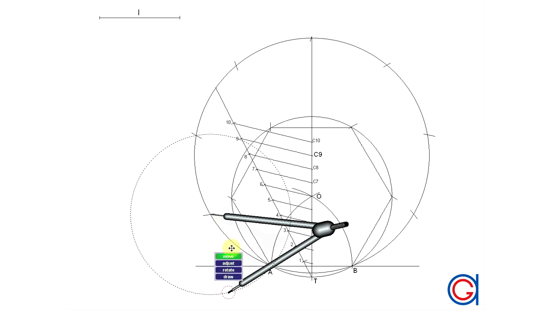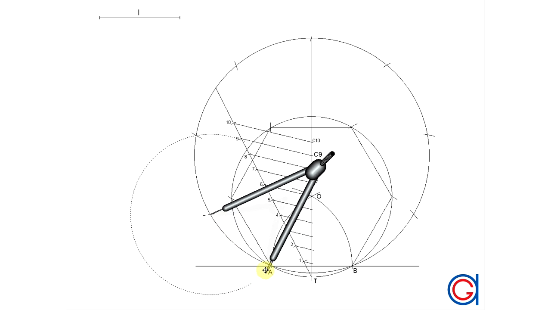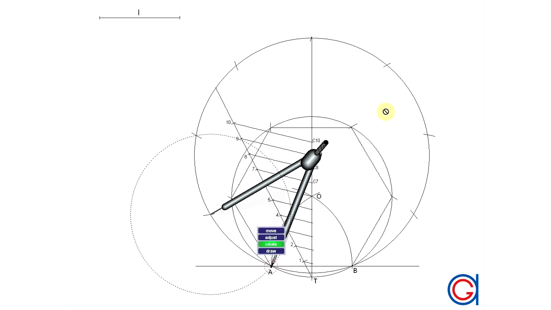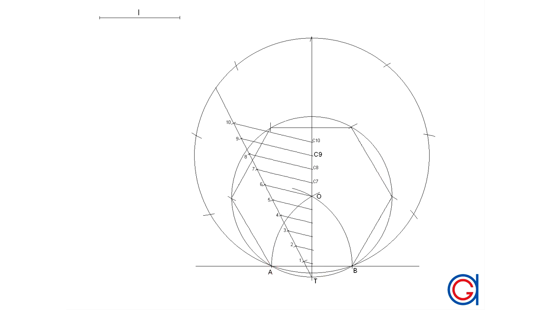So now we have all the 9 vertices of the polygon, and we will proceed to name them A, B, C, D, E, F, G, H, I. And now we will join them to complete our 9-sided polygon.